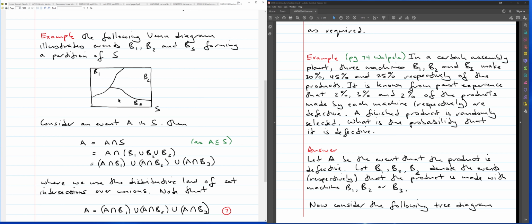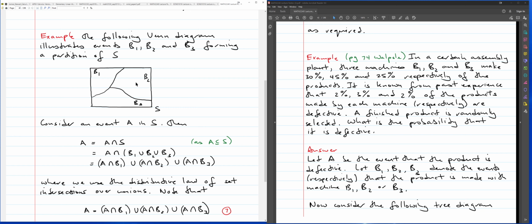You can consider S over here, the sample space, as the set of products made. A product is either made by machine B1, machine B2, or machine B3. So if your sample space is the set of all products, this B1 over here we could regard as the event of the product being made by machine B1.